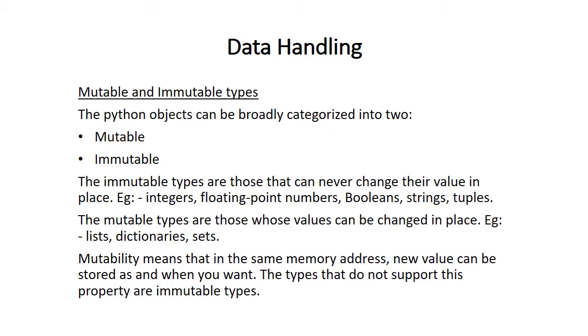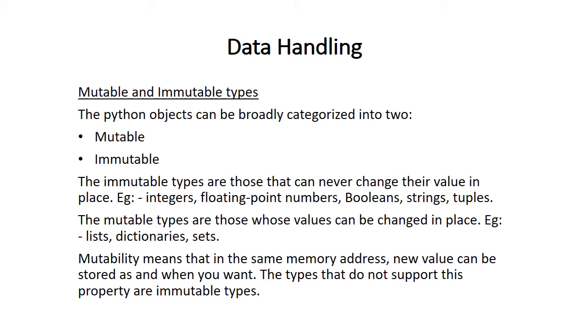Mutable and immutable types. The Python objects can be broadly categorized into two: mutable and immutable. The immutable types are those that can never change their value in place. Examples: integers, floating point numbers, booleans, strings, and tuples.